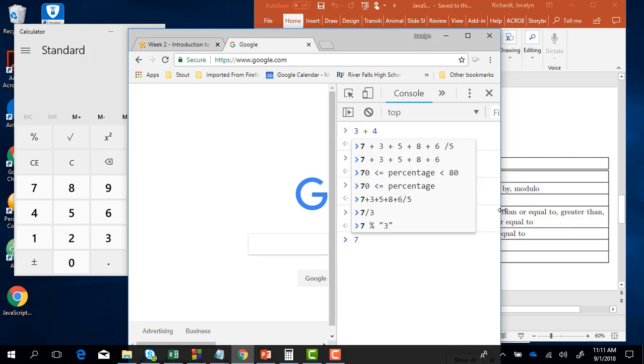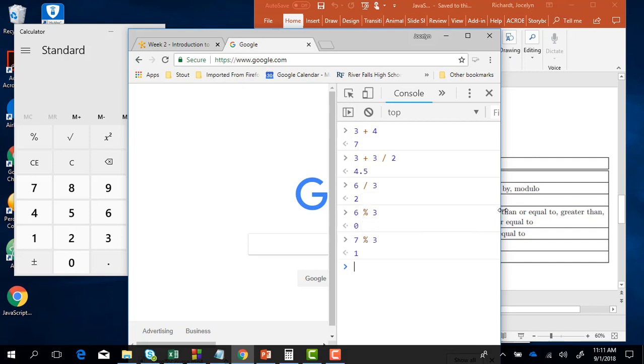But if we have 7 and we do modulo 3, then we say, okay, well, 2 times 3 is 6, and then we have 1 left over, and that 1 can't be divided by 3 without creating a fraction or a decimal. So we're going to say that the remainder is 1.